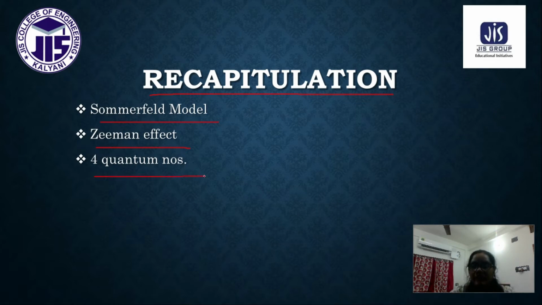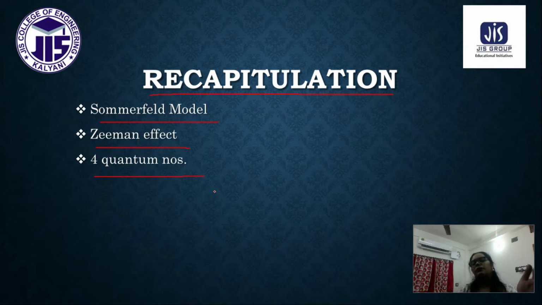And at last we have introduced the 4 quantum numbers. These quantum numbers are very important for an electron, they are actually the address of the electron, you can say.